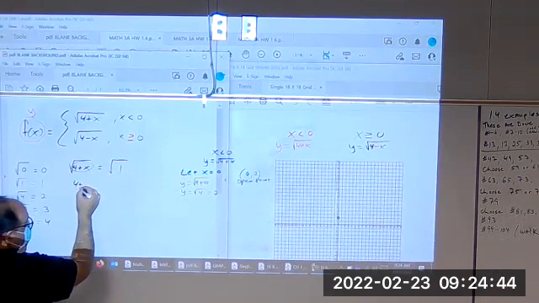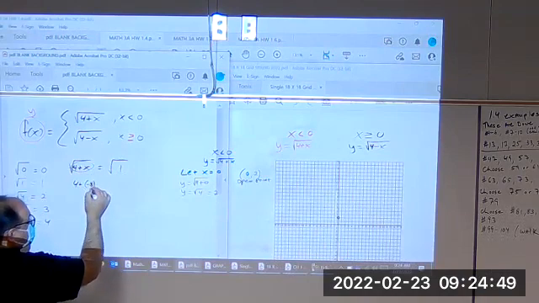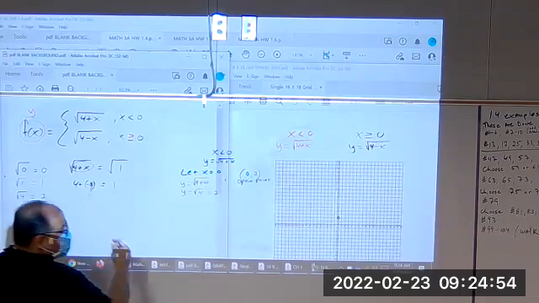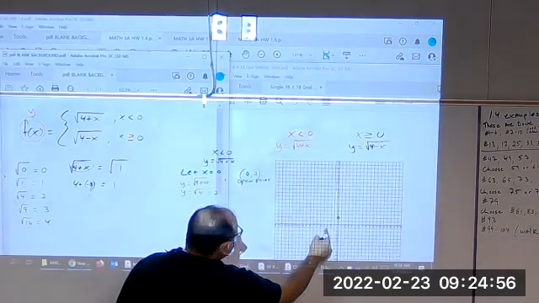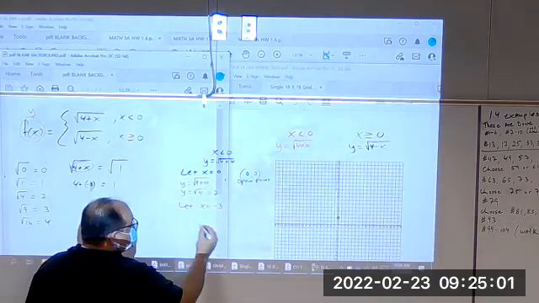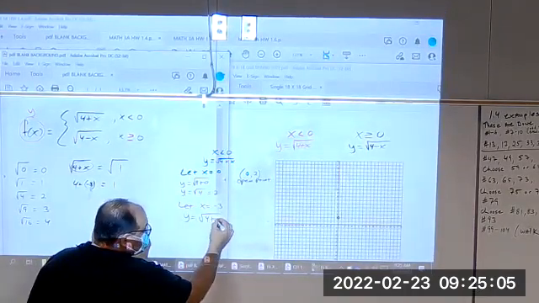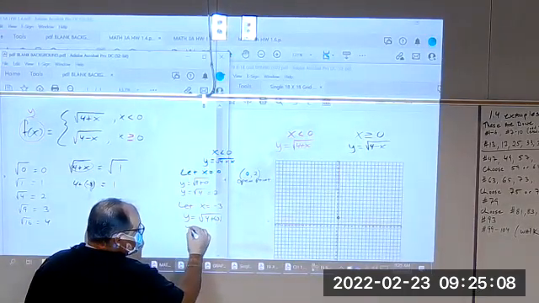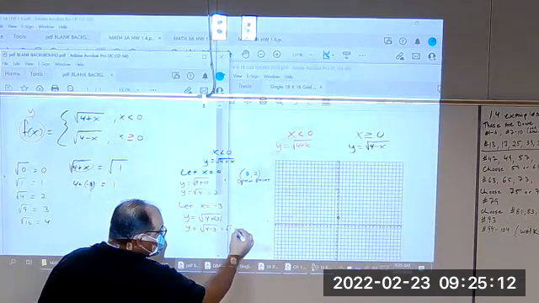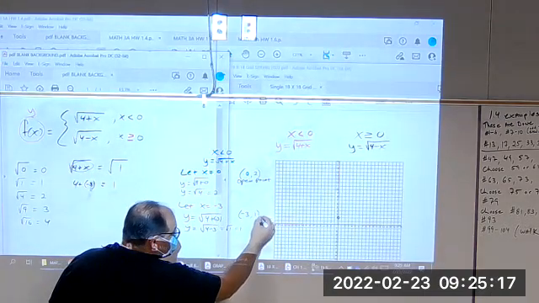It would have to be 4 plus -3, and that would give me a 1, and then I could use it. That would be the next best choice, is to plug in -3. So I'm going to let x equal -3. I get y equals the square root of 4 plus -3, which is square root of 4 minus 3, which is square root of 1, which is 1. So when you plug in -3, we get 1.